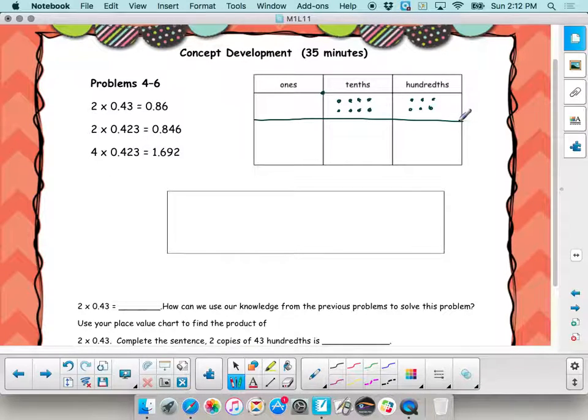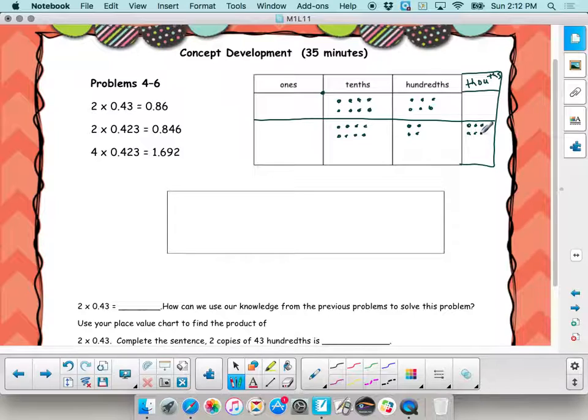2 groups of 423 thousandths. Looks like I better get something else on here, huh? Okay, so 2 groups of, so I've got 423, 423.